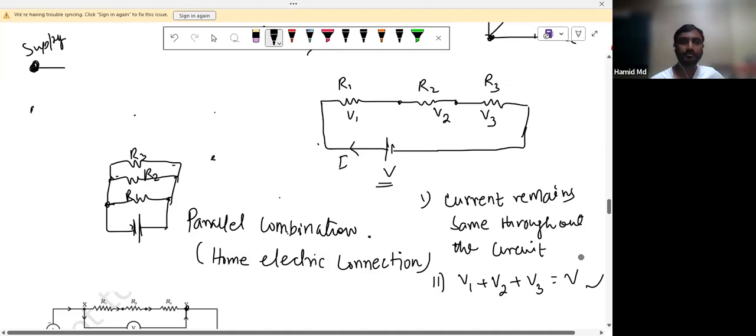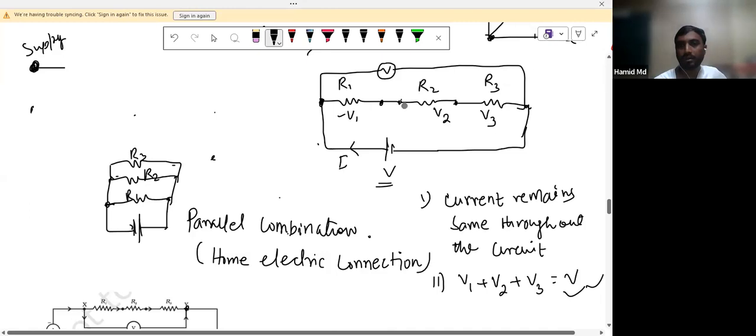This is clear. If we connect a voltmeter at these two points, we will get this V. Clear? If we connect a voltmeter across this point, we will get V1.